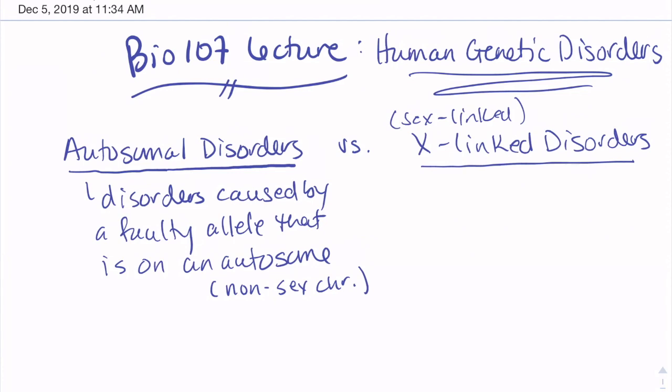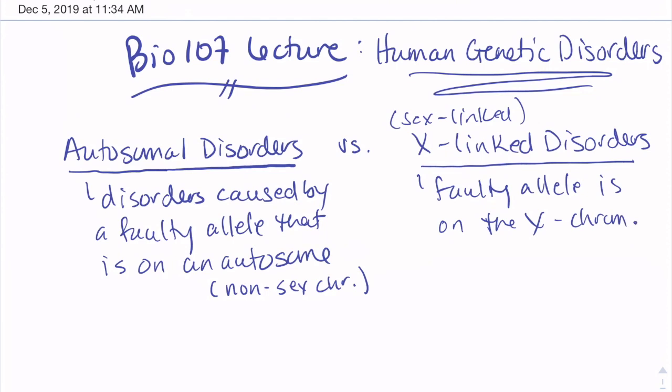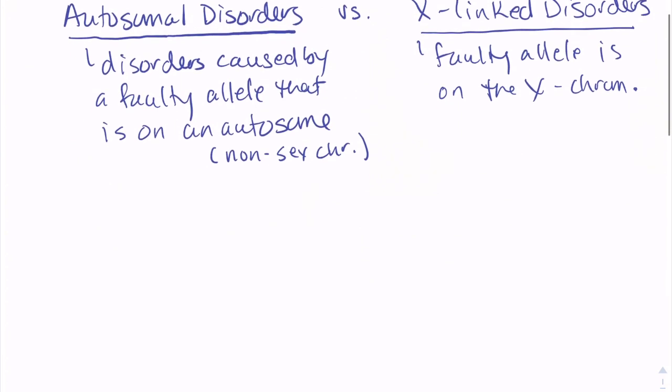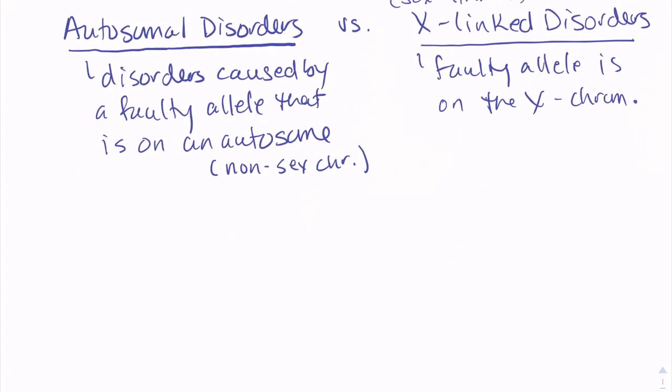So X-linked disorders: this is when the faulty allele is on the X chromosome. The inheritance pattern is going to be different than an autosomal disorder. So we're going to look at autosomal disorders first.